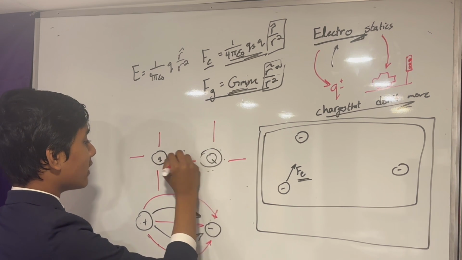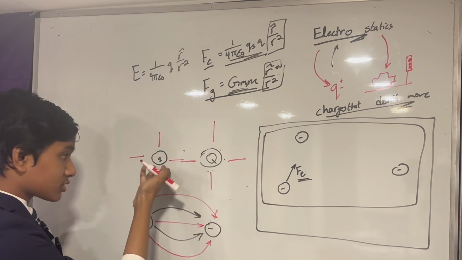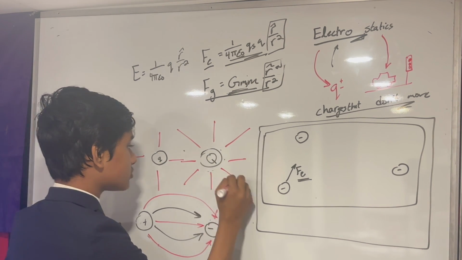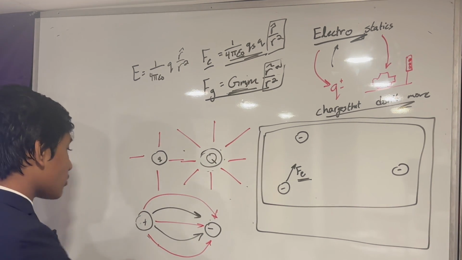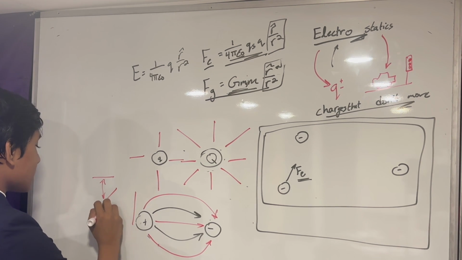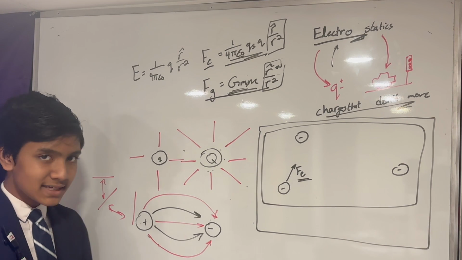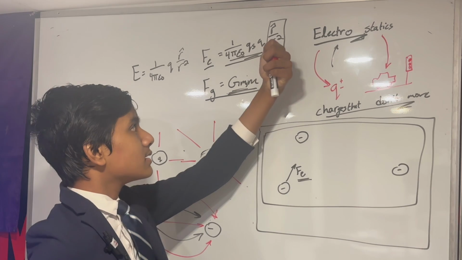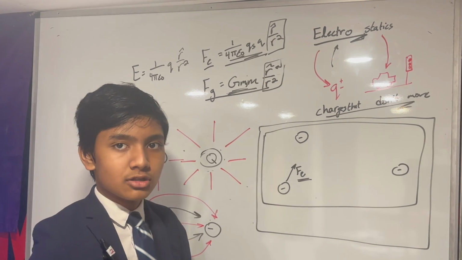How are we going to tell that this charge has any more charge than this? Well, there's a simple solution. Just draw more. And of course, as you draw more, they're going to spread out, which represents the electric field getting less dense as you get farther from the source, which reflects exactly this factor in the original equation.